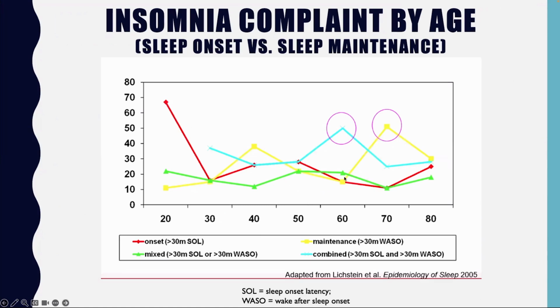However, as we get older, sleep maintenance insomnia is much more common, as you can see in the yellow line, in addition to sleep onset insomnia in the blue line. So typically in the elderly population, you see more sleep maintenance insomnia with frequent nighttime awakenings.